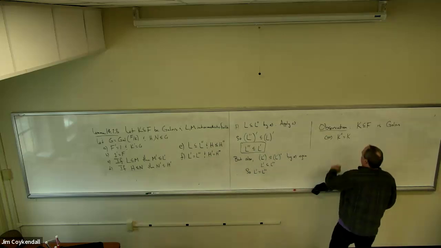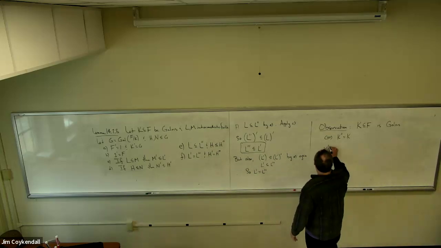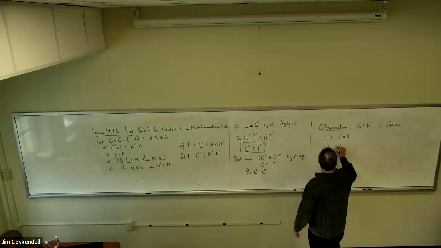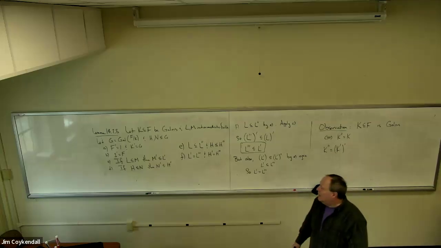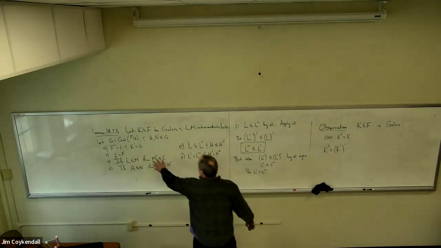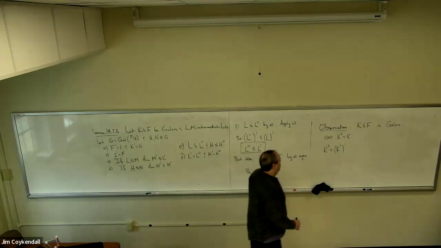Let's think what K double prime is. That's K prime prime, and K prime is G. This was our first easy observation.